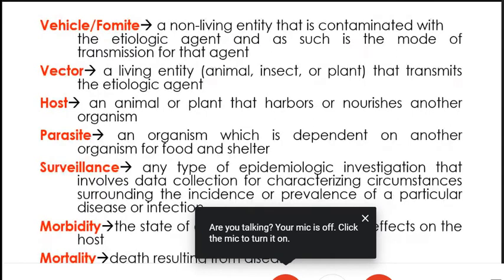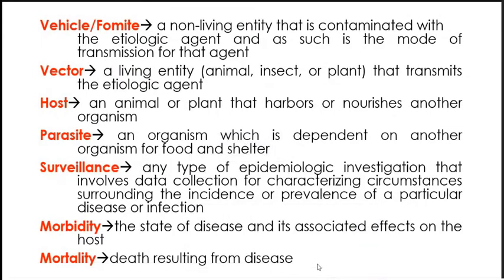Ira. Saan si Ira? Ira? Yes, ma'am. Example lang ng vehicle or fomite na pwedeng mag-transmit ng agent of disease. Sa pagkakaintindi ko po, ma'am, yung vehicle can be food, like yung mga food po na nai-ingest.